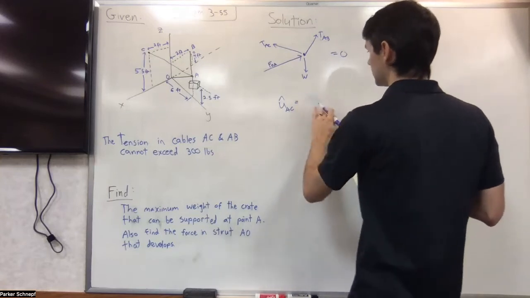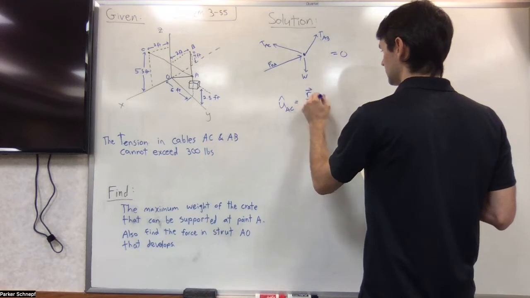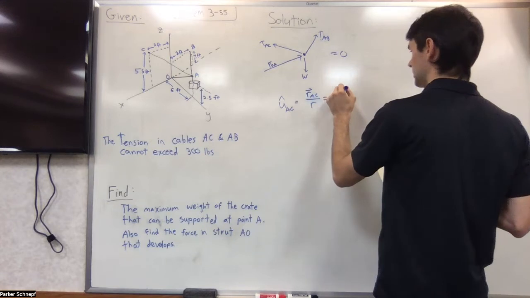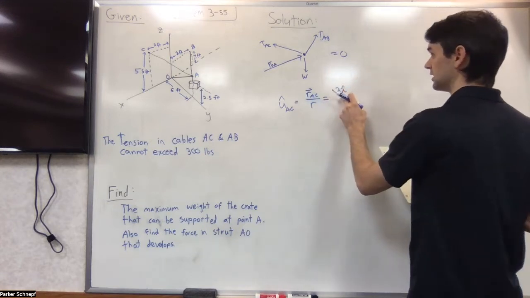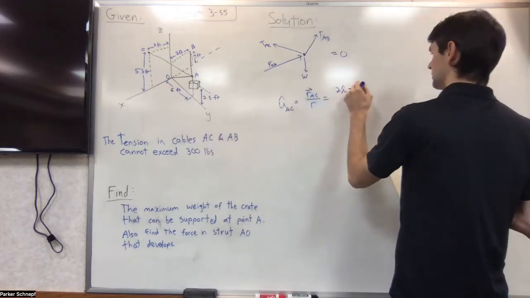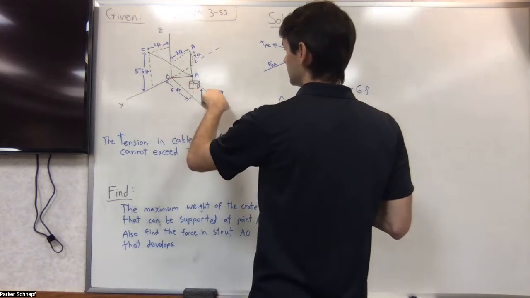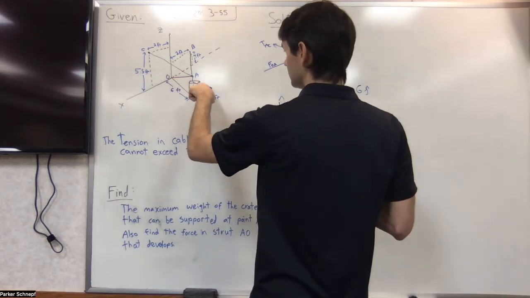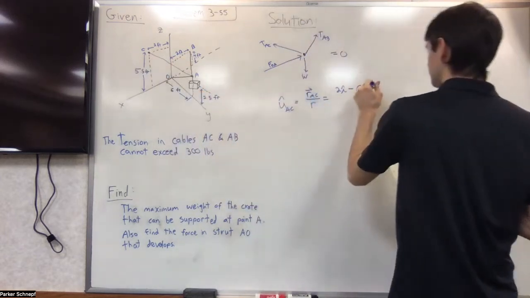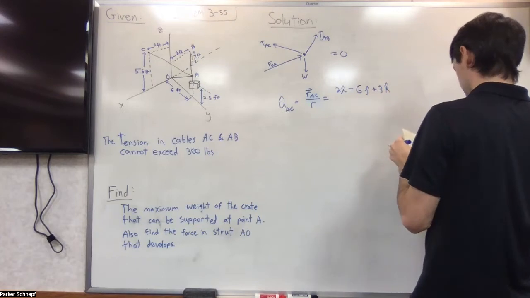The unit vector for AC is going to be the position vector AC divided by its magnitude. To get the position vector, I tell them to go 2 feet in the X direction and -6 feet in the Y direction. This one starts at 2.5 in the Z and goes all the way up to 5.5 in the Z, so that's a difference of +3 in the Z direction.